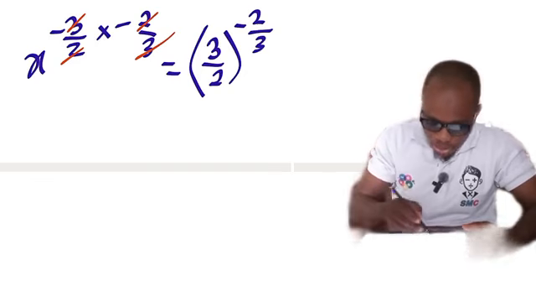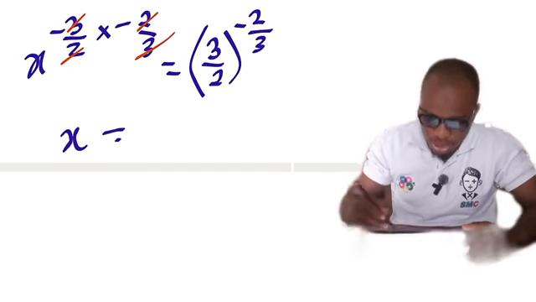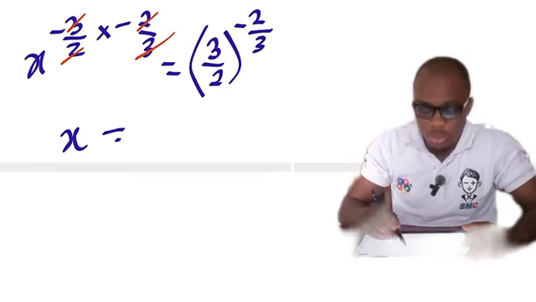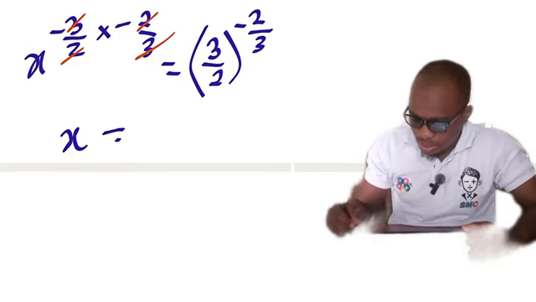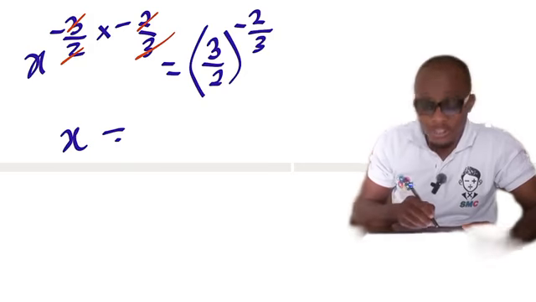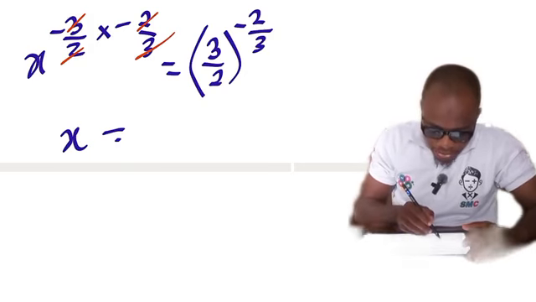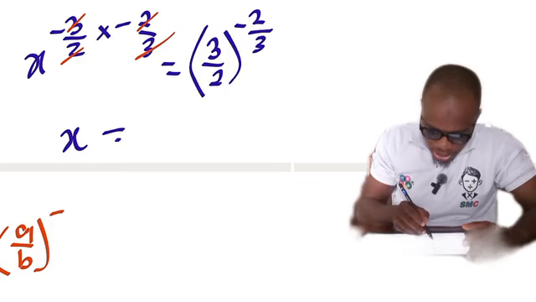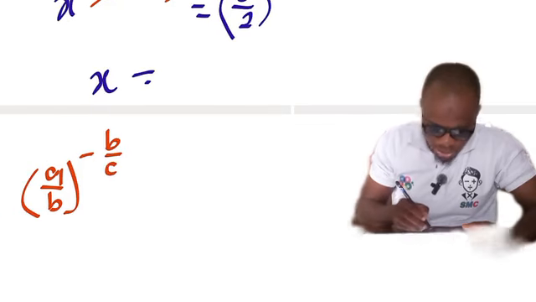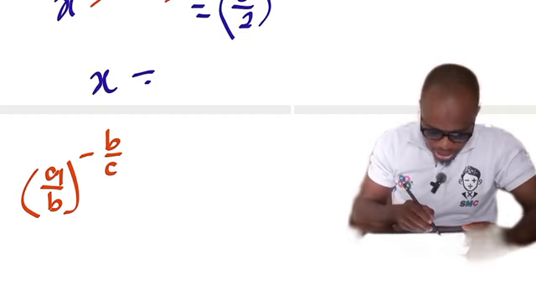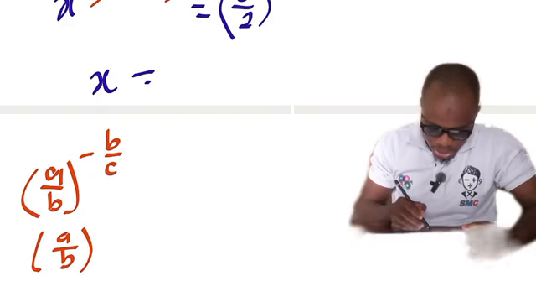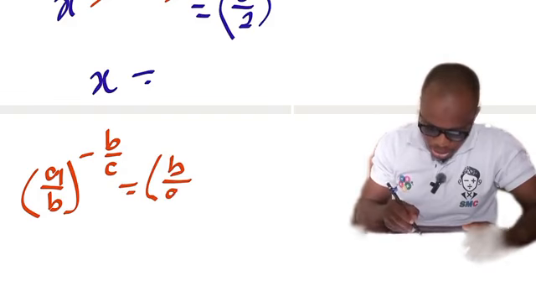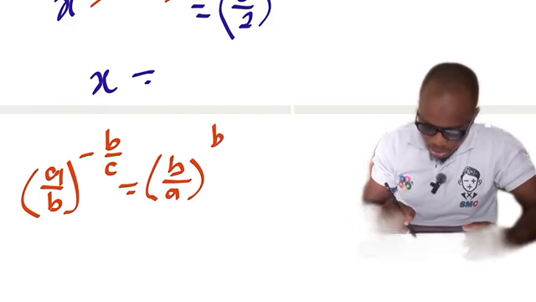So lastly, you're going to have x equals 3 over 2 to the power of minus 2 over 3. Now if you recall from the law of indices, when you have a over b to the power of minus b over c, this can be b over a to the power of b over c.